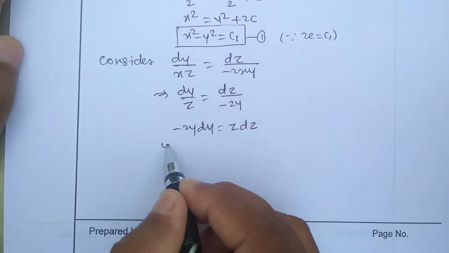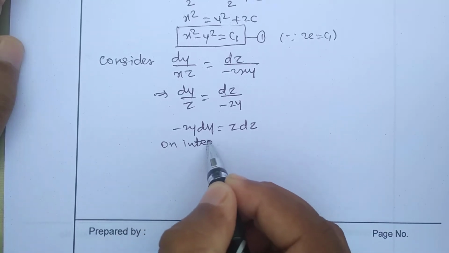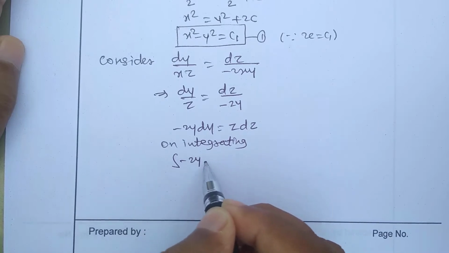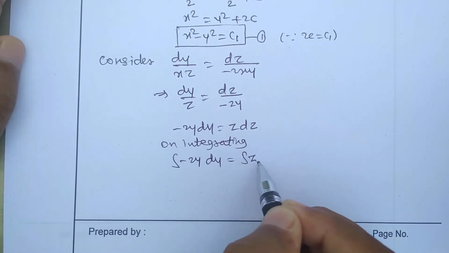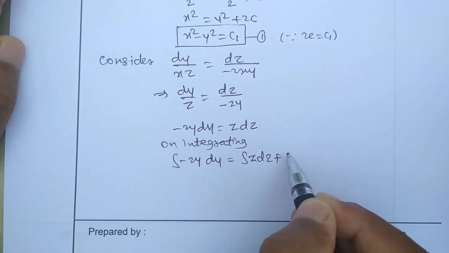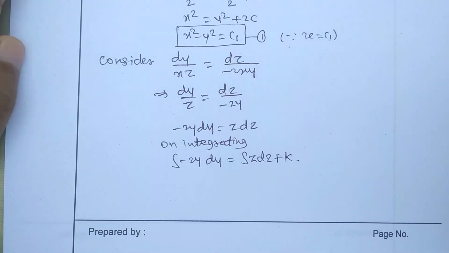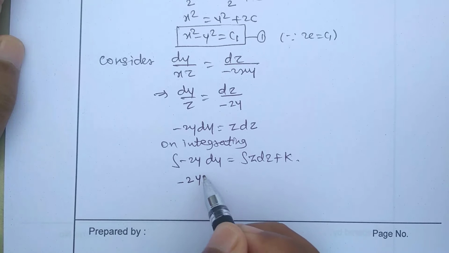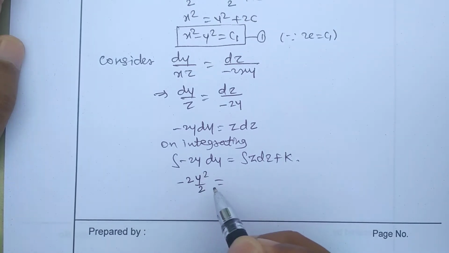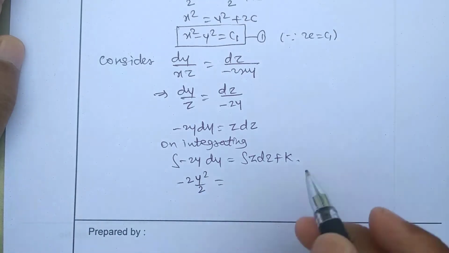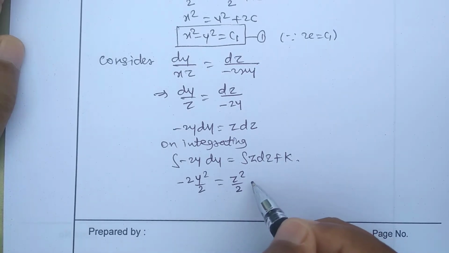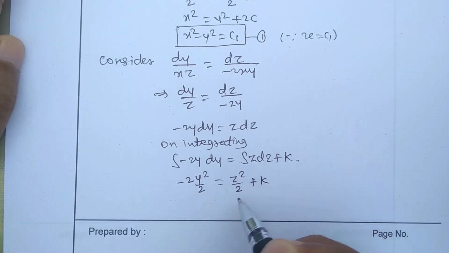On integrating, you will get integration of minus 2y dy equals integration of z dz plus some constant k. Then integration of minus 2 as it is, integration of y is y square by 2, equals z square by 2 plus k.